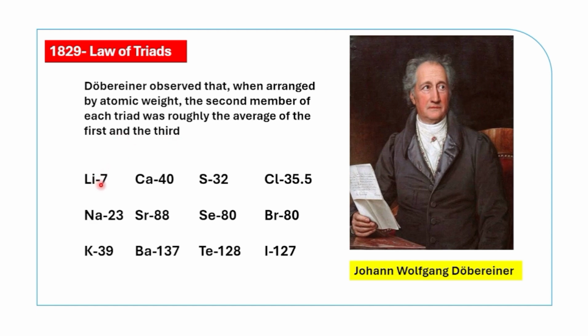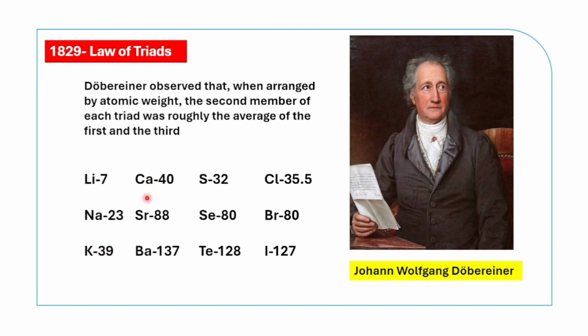If you take lithium, sodium, and potassium, you can see the atomic weight of 7 here and 39 here. If you sum those two, you will get 46, and if you take the average, it will be 23. So in this triad, the second member, sodium, has an atomic weight that is the average of lithium and potassium.